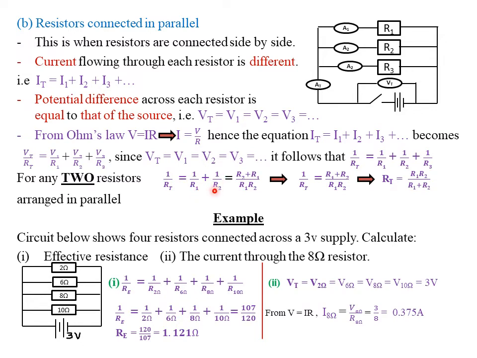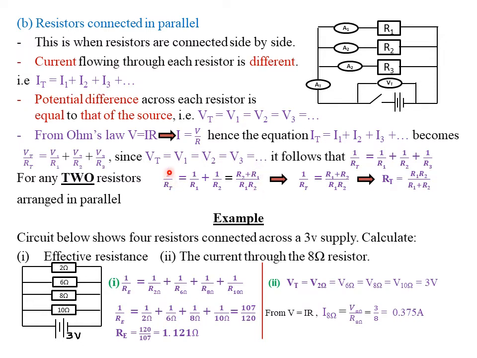If I find the LCM on the right hand side, the LCM is simply R1 R2. Therefore, R1 goes into R1 R2, R2 times. That is, R1 will cancel with R1, so that I just remain with R2. Then R2 goes into R1 R2, R1 times, because R2 will cancel with R2, so that I just remain with R1.